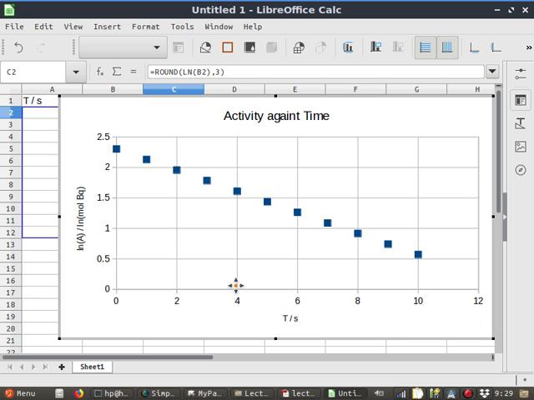1.9? 2. 2.25. No, I mean the second one, the third one. Yeah, okay, 1.9. 0.6.